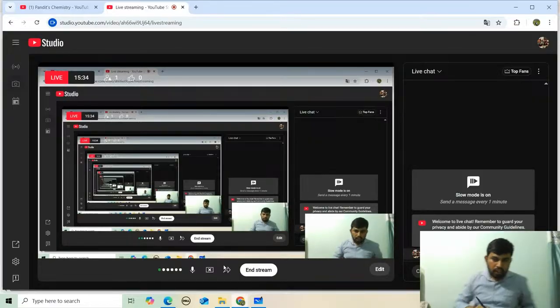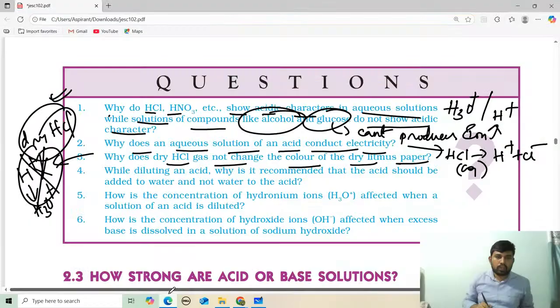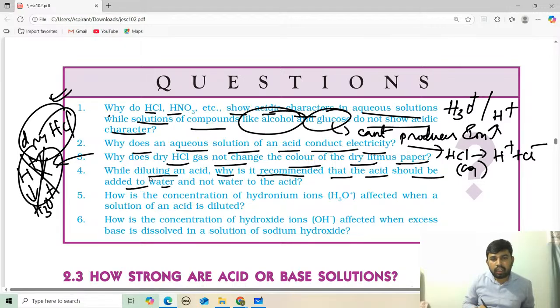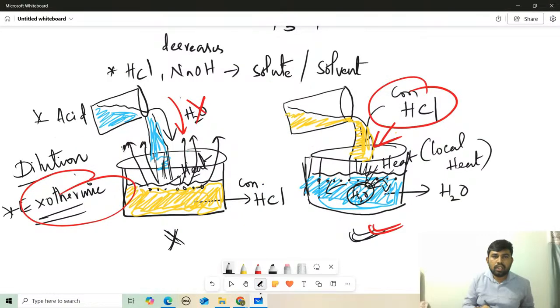Now come to the next question. While diluting an acid, why is it recommended that acid should be added to the water, not water to the acid? As we discussed, this reaction is exothermic. If we add water to the acid, the local heat produced will make the remaining acid splash out.